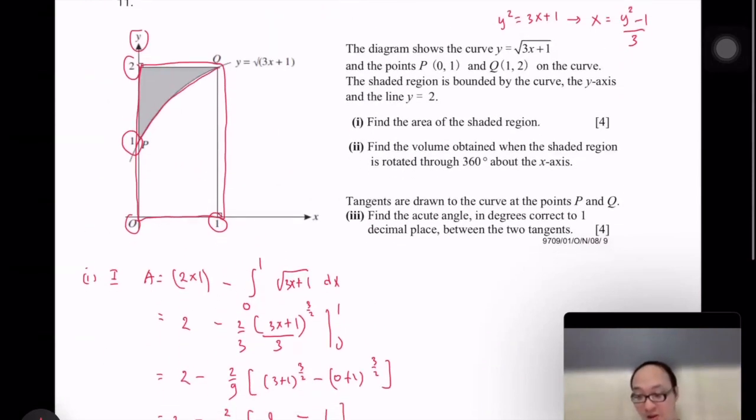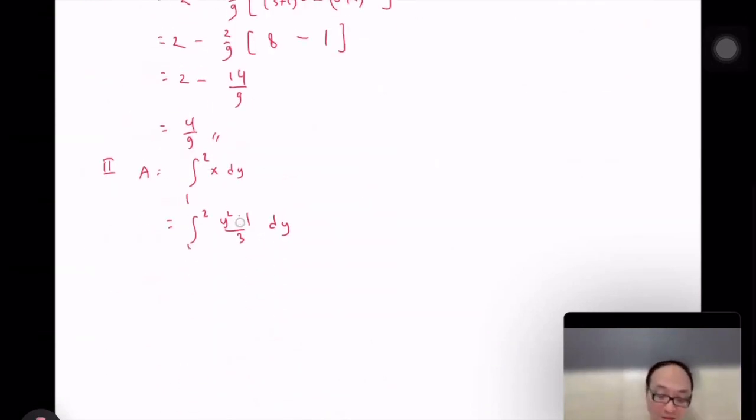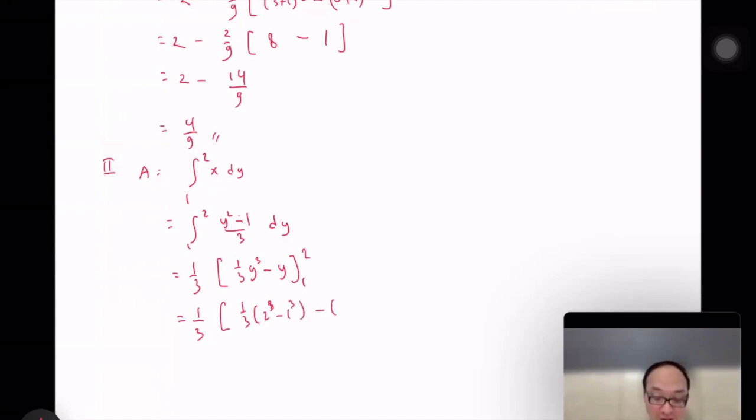Okay, I can put 1/3 out, and then I can just integrate this: 1/3 times (y cubed/3 minus y) from 1 to 2. And I have 1/3 times (2 cubed minus 1 cubed)/3 minus (2 minus 1).